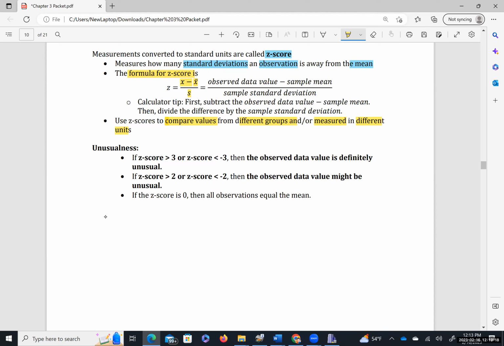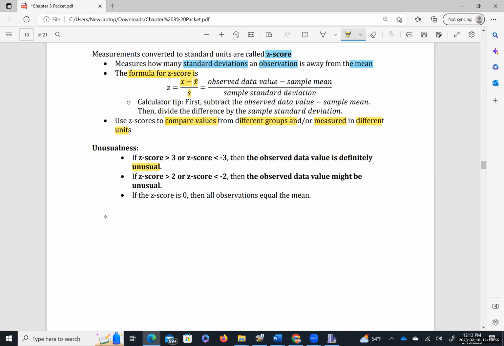The reason is a z-score greater than 3 means the value is above 3 standard deviations from the mean. And a z-score less than -3 is below 3 standard deviations. So that is a way we call it unusual.